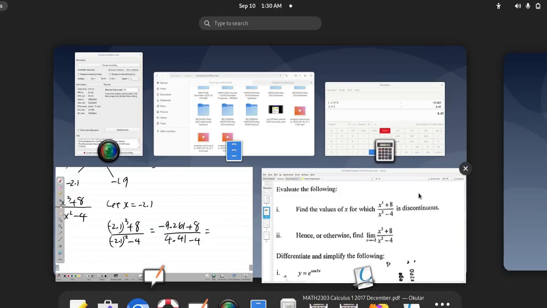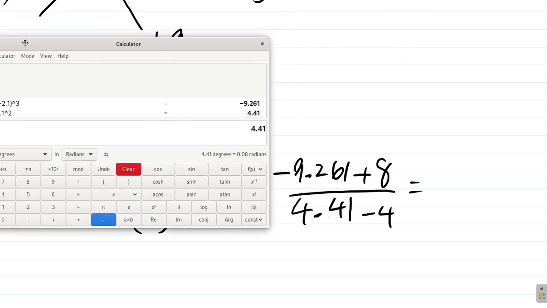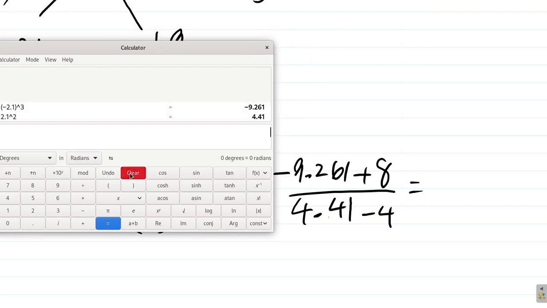Alright, so let's see what happens here. So we have negative 9.261 plus 8 close bracket, divided by open bracket 4.41 minus 4 close bracket, equal.